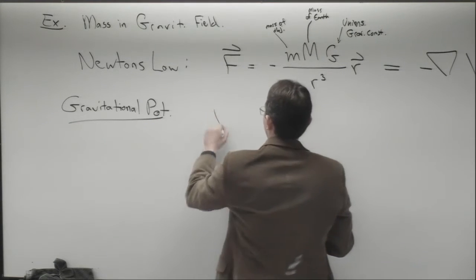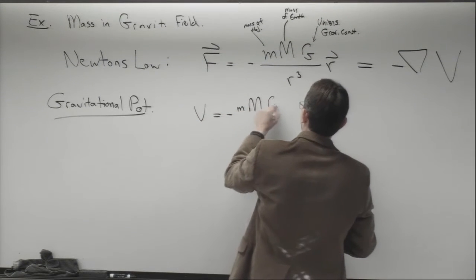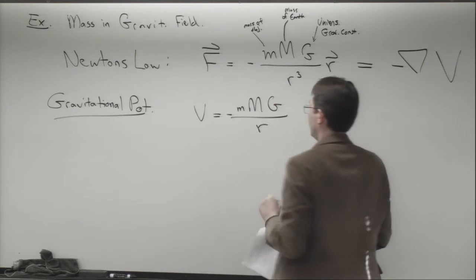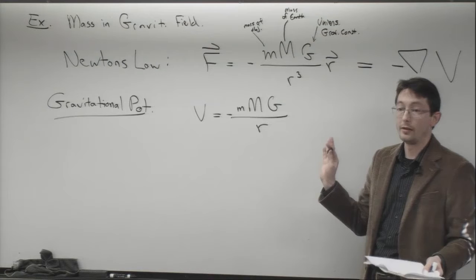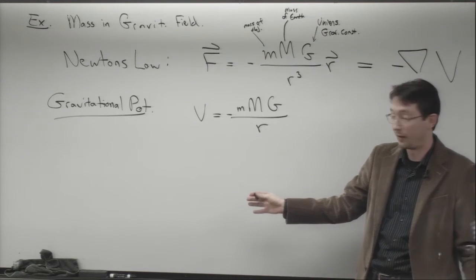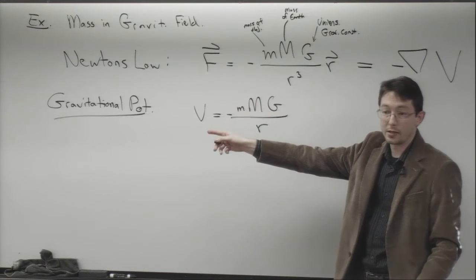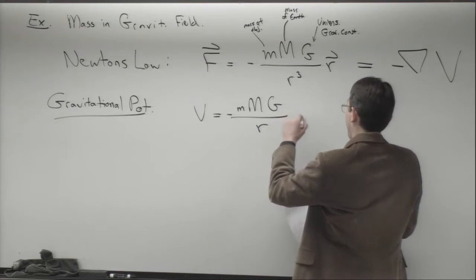I just love that abbreviation. Okay, so we have this gravitational potential, V equals minus mG over r. And this is just a scalar field. For any radius you're at, doesn't matter what direction you're pointing, this is what your gravitational potential is. Okay? Just a scalar field. So this is a scalar.